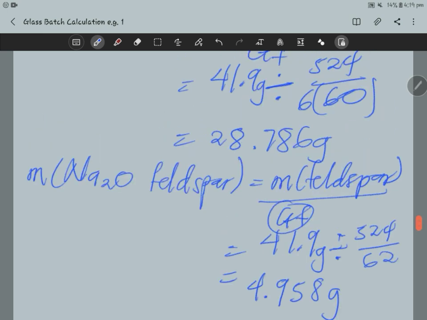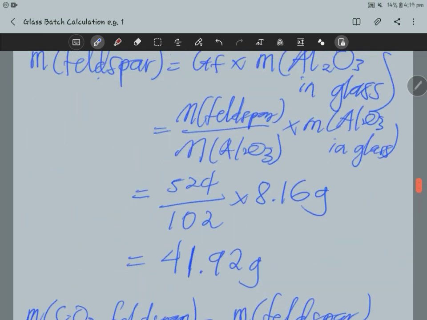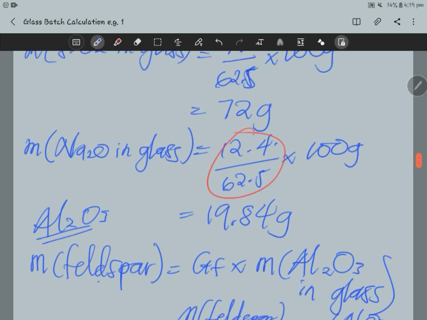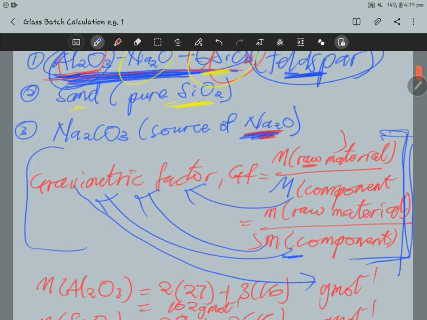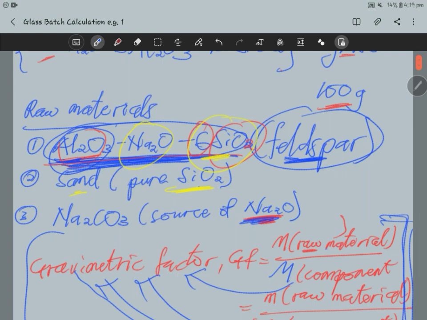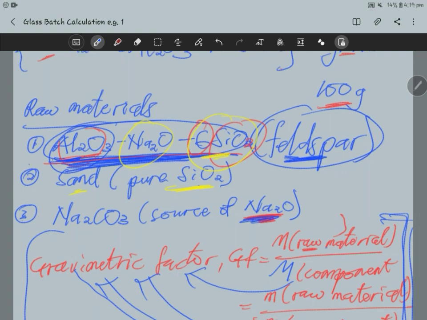We are still not done, right? Let's go over this one more time. It's very important you have the raw materials in your head. The raw materials are 1, 2, 3: the feldspar, the SiO2 pure sand, and this other one.